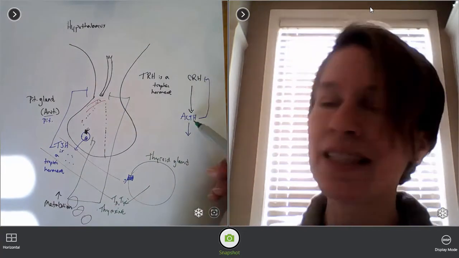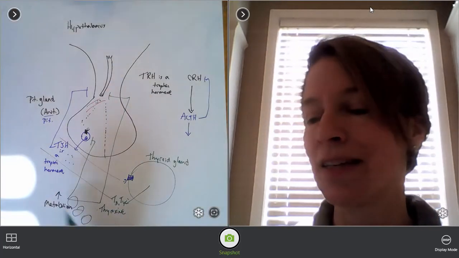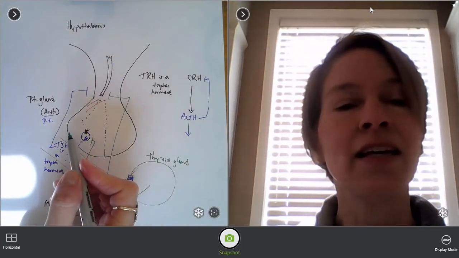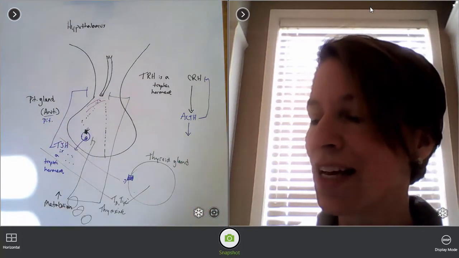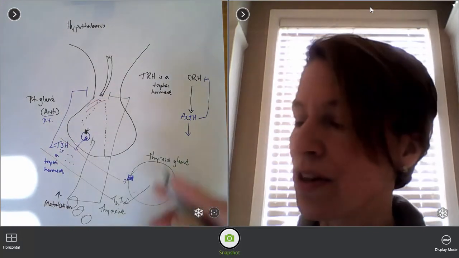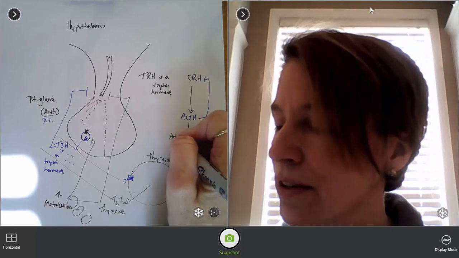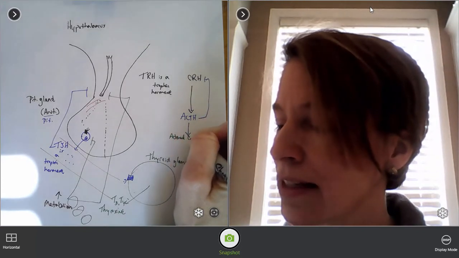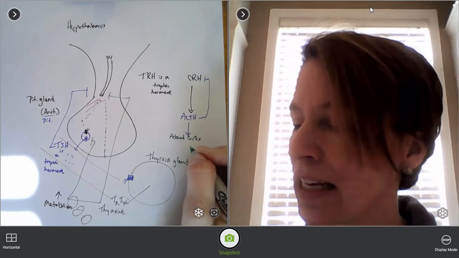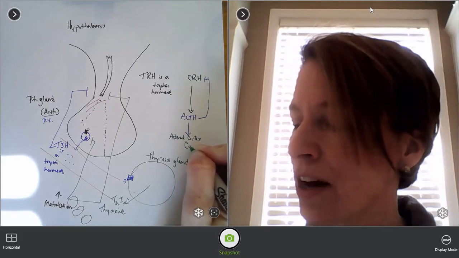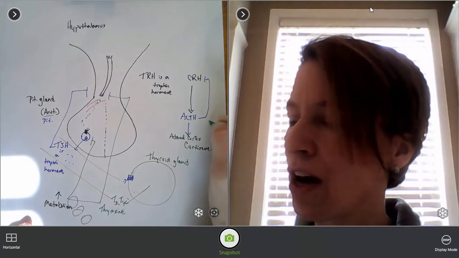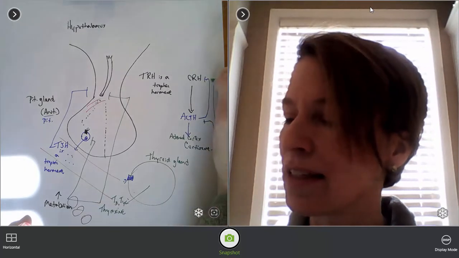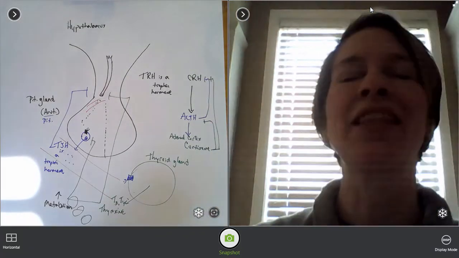So ACTH is going 2 places from the anterior pituitary. It's going up to turn off its stimulator, CRH, and it's going down to the adrenal cortex where it causes the release of cortisone. And again, cortisone will turn off its stimulators with negative feedback.